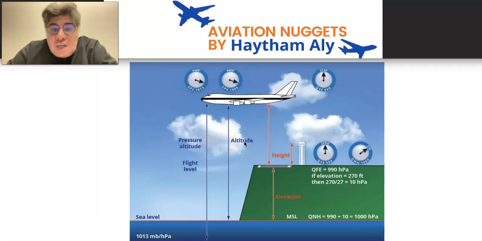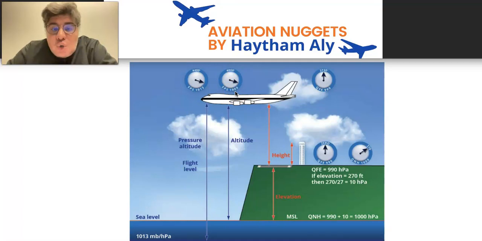QNH is the pressure setting related to mean sea level. Like here, the QNH is 990 plus 10 equals 1000 hectopascal. So if you put here the standard pressure setting of the altimeter at 1000, it is QNH.